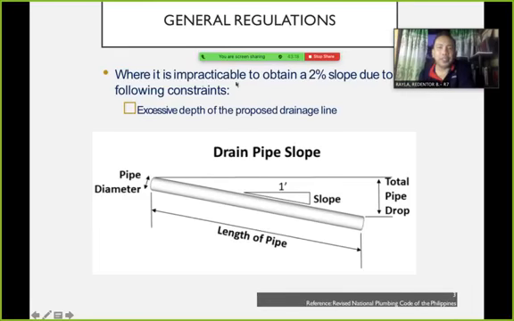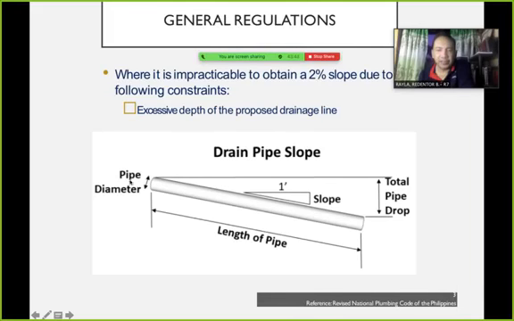It is impracticable to obtain a 2% slope due to the following constraint. As I mentioned a while ago, if 2% cannot be attained because of some constraint, there is an excessive dip of the proposed drainage. So the total pipe drop here is too high because of the required 2%.